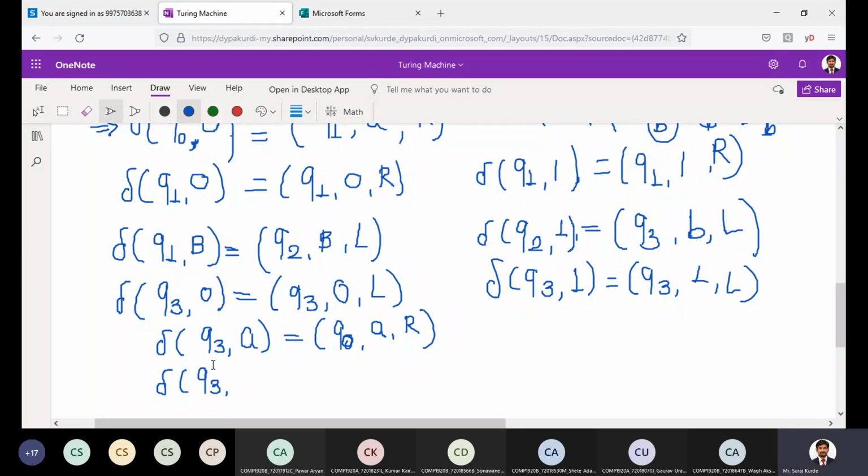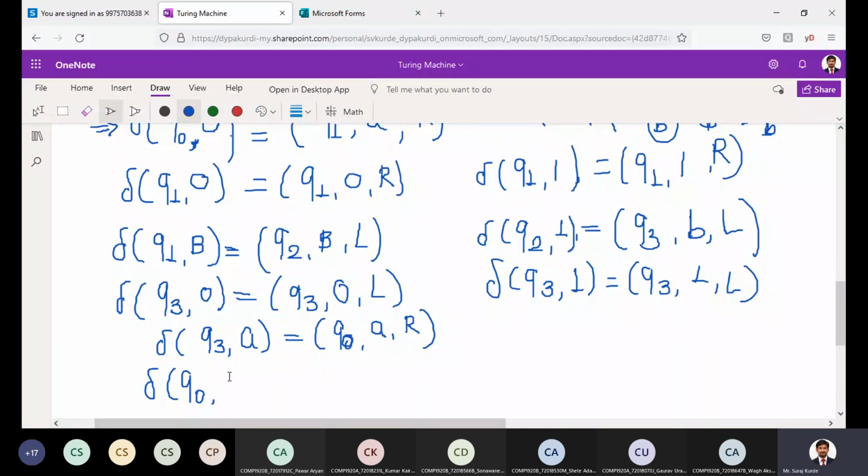Okay, that is the possible input to the left. Now Q0, what is the possible input? 0 is one input that we are going to read. For that we have already written the transition. If Q0 reads 0 input, replace it with A, go to the right side, and the next state is Q1.